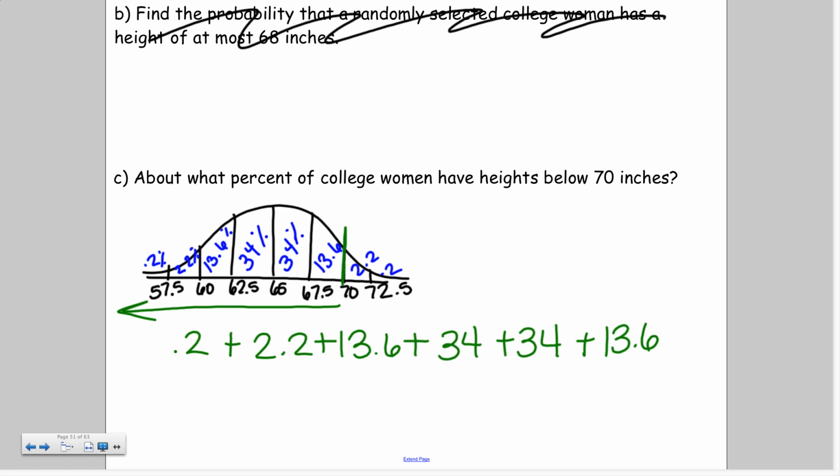Then I just add that together and I'm going to get 97.6%. That is about how many women are 70 inches or below. They are no taller than that.